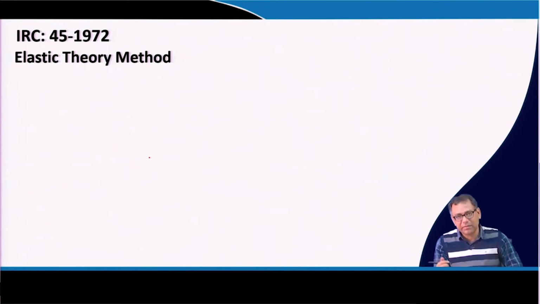That means, if the depth of the well below the scour level is less than 0.5 times the width of the foundation, then this method is not applicable.